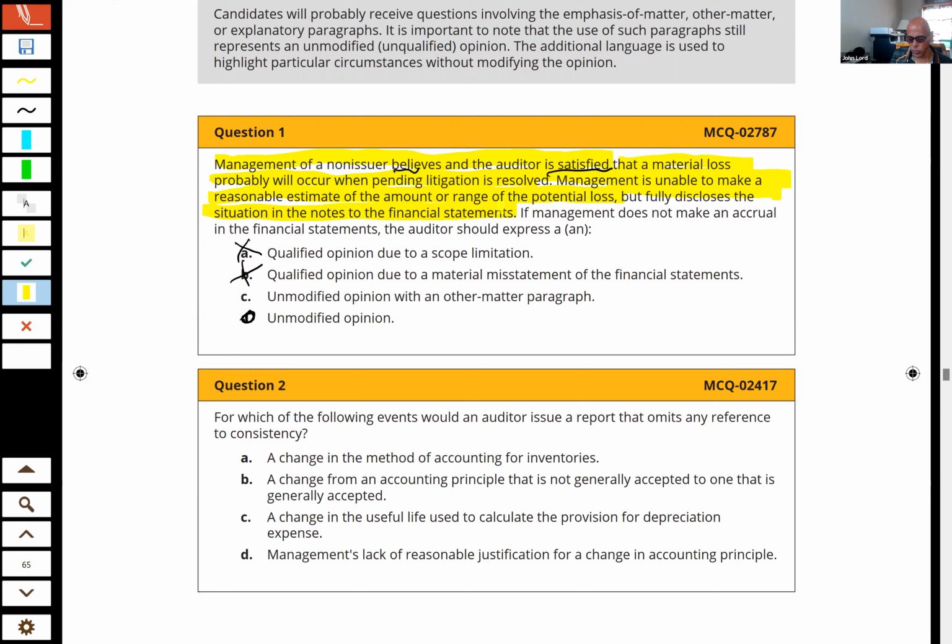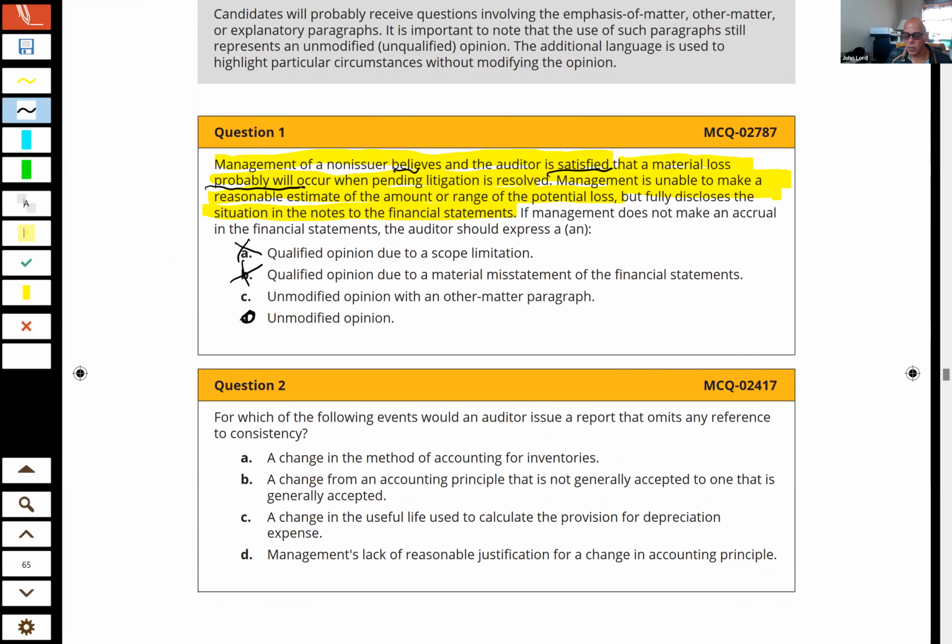Or if they do come up with a range, they have to at least book the lowest amount, but they couldn't even come up with a range. So they can't make the accrual. Okay, and since it probably will occur, then they should accrue that because it would be probable in that situation. But if you can't even come up with a range, then you can't even book anything. You can't book that lower end.